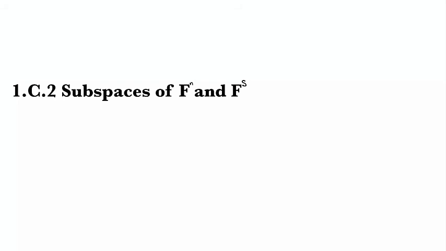Let's look at some prototypical examples of subspaces. So if we're looking at Fn, then we could look at the subspace which consists of, say, let's work in F3, triples that all have the same value b in the third coordinate.